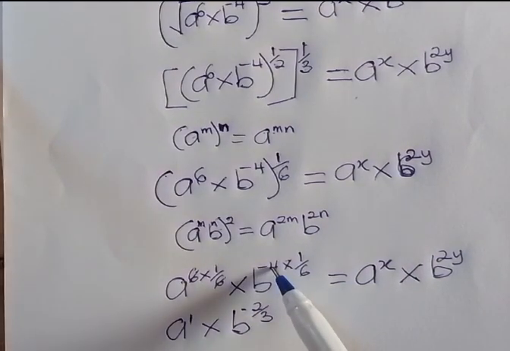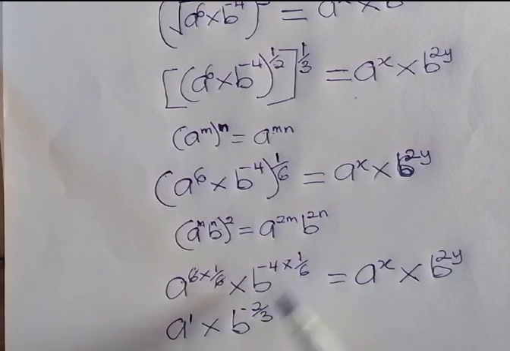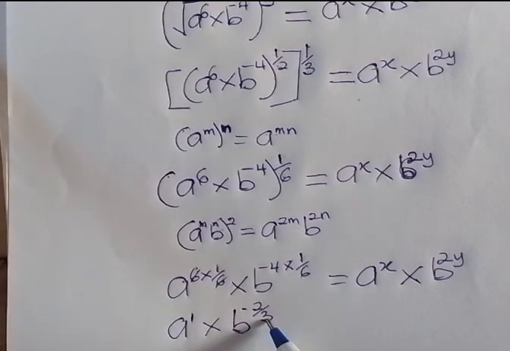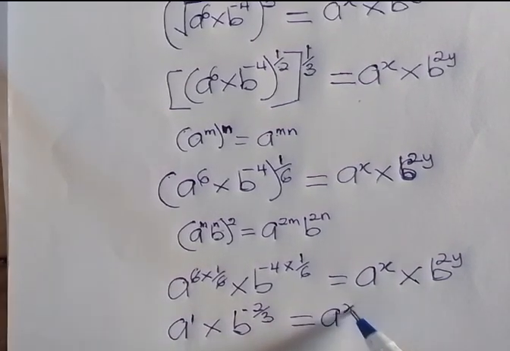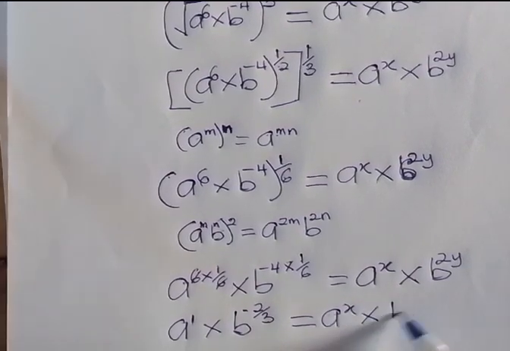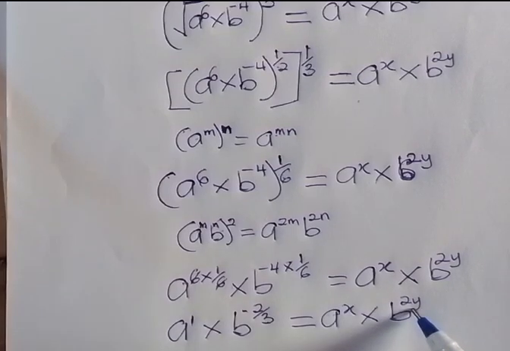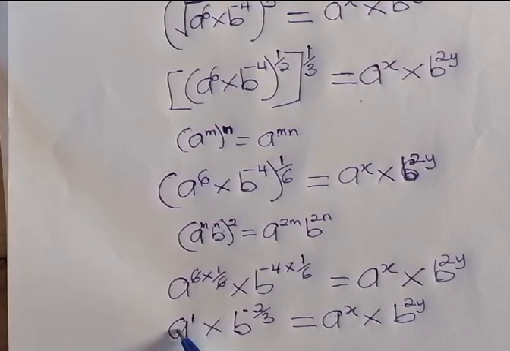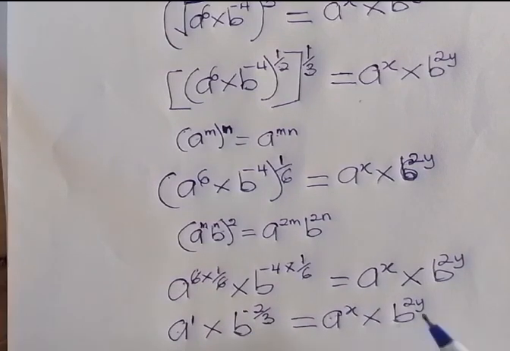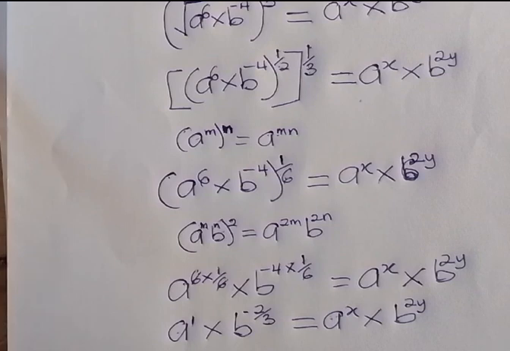Great, because when 2 divides 4, it is 2 times 1 is 2. When 2 divides 6, it is 3. Okay, which is equal to a exponent x times b exponent 2y. Great. So now when you get to this point, the rest of the work becomes very simple. Since we have a here, b here, we only have to equate corresponding terms.